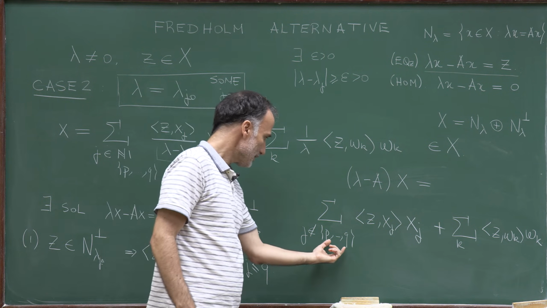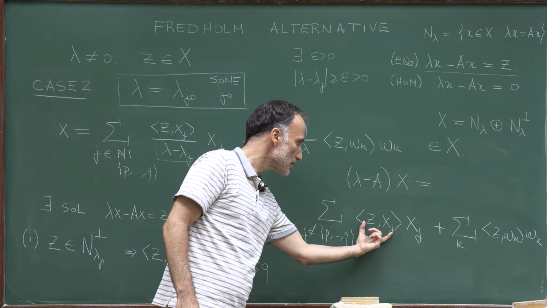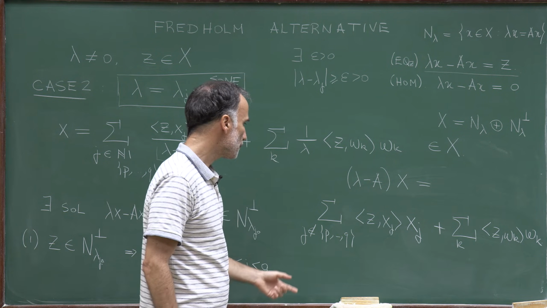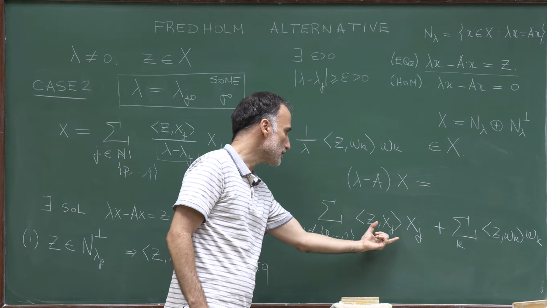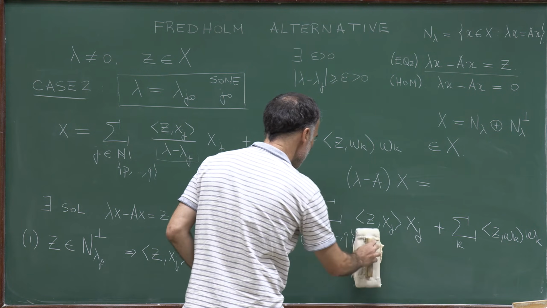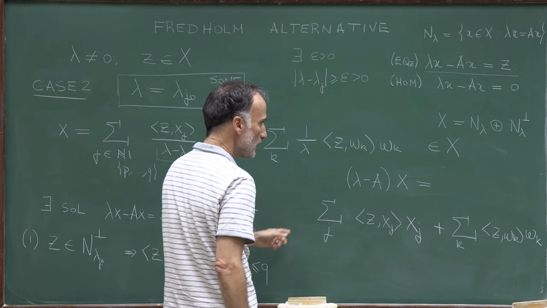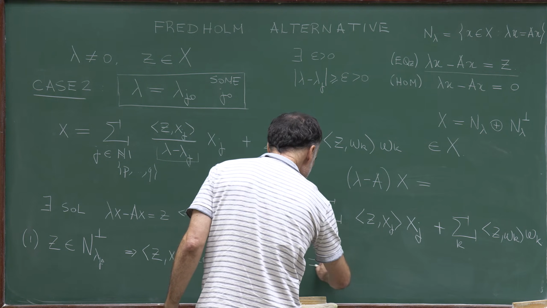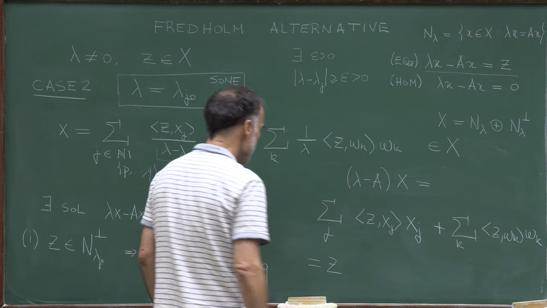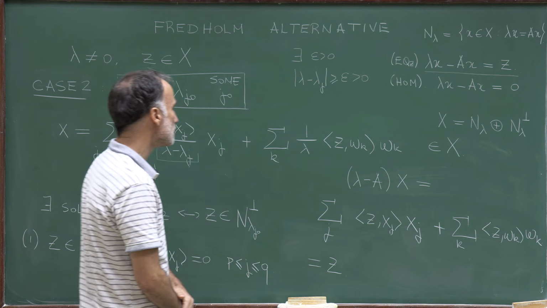So I can add in this sum the j's between p and q, because this scalar is equal to 0. So it doesn't matter if I include these terms in the sum or not. So actually I can perform a sum over all j's, and once I include these terms, what I get is exactly the formula for z, and therefore indeed lambda minus a x is equal to z.